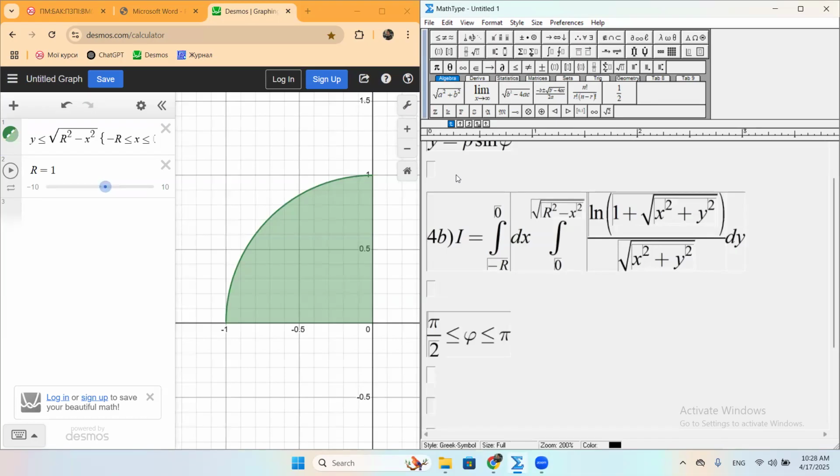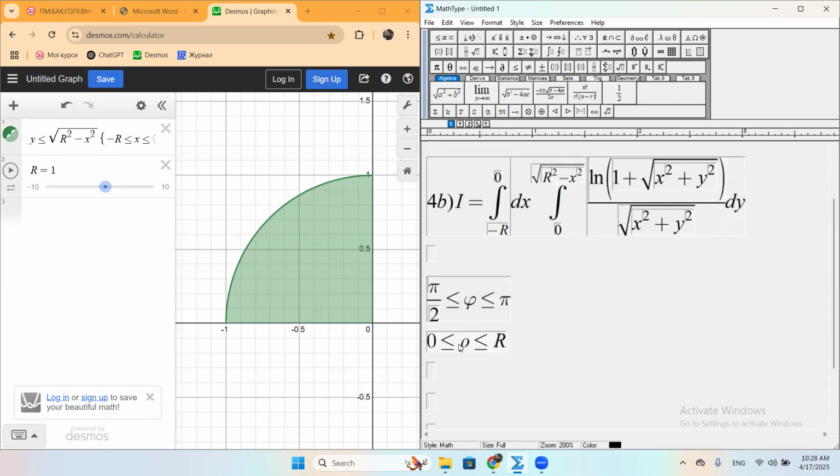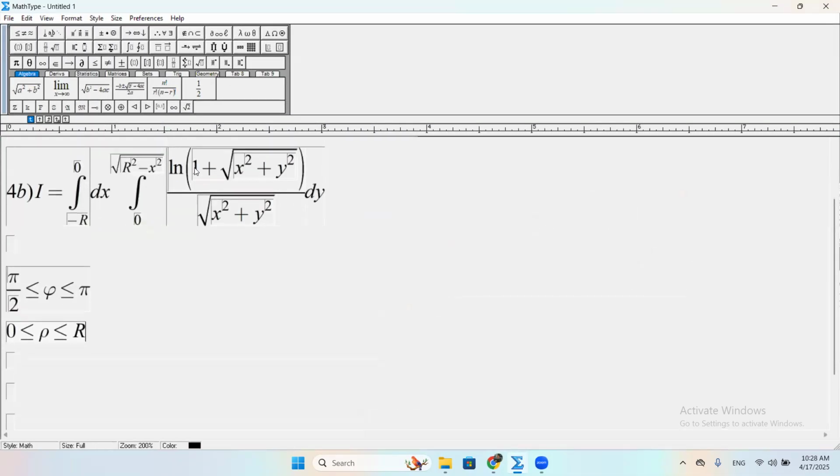And what about rho? Rho is from 0 to r. So we found the limits of integration. And now what about these expressions?